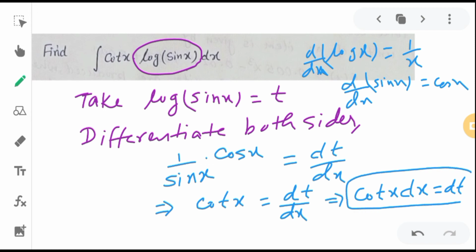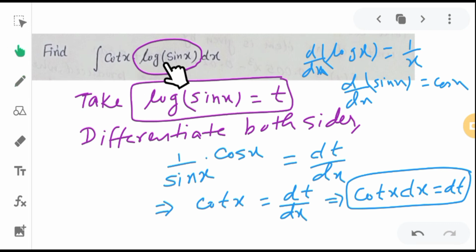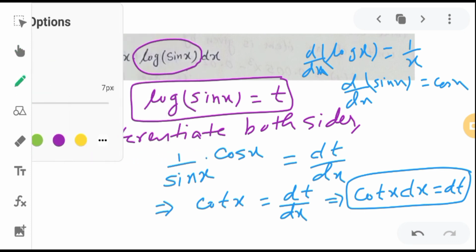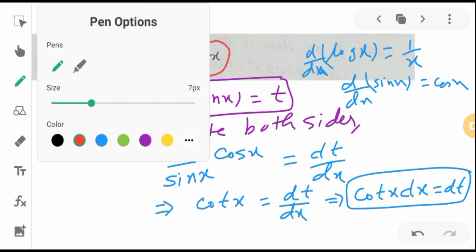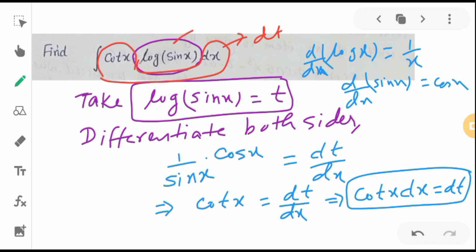So I will replace this log of sin x value as t, and if you see carefully, this cot x into dx will become dt, and this log sin x will become t.